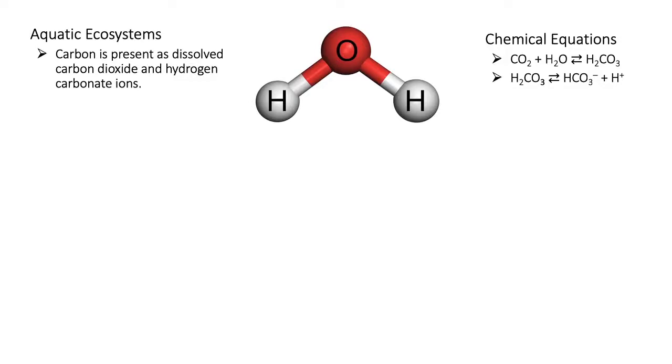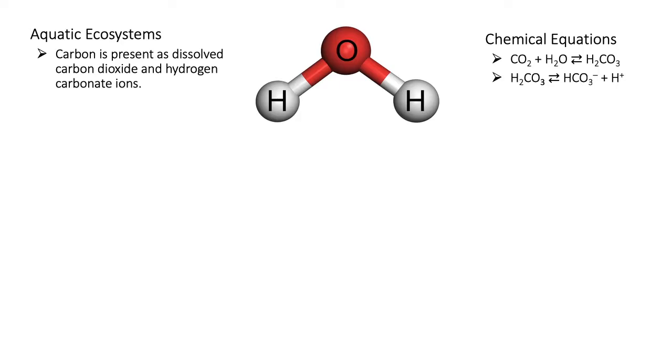Now, carbon in the hydrosphere, i.e. the aquatic atmosphere, is slightly more complicated. In such ecosystems, carbon is present as dissolved carbon dioxide and hydrogen carbonate ions. CO2 is soluble in water, which means that it can remain in water as a dissolved gas. It therefore also has the ability to combine with water to form carbonic acid, also known as H2CO3.